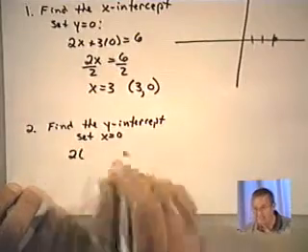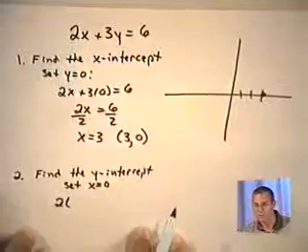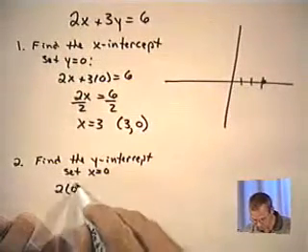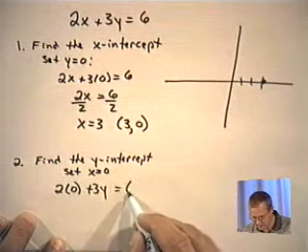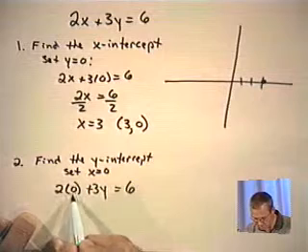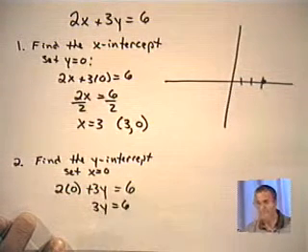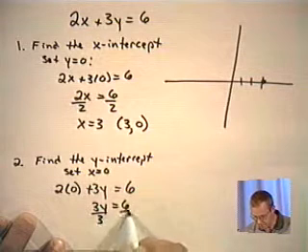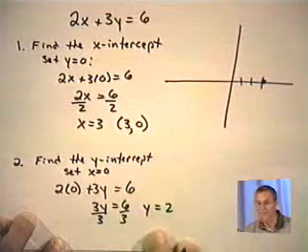So wherever I see an x in my equation, I'll plug in a 0. So 2 times 0 plus 3y equals 6. And we'll solve for y. 2 times 0 is 0. So I get 3y equals 6. Divide by 3. y is equal to 2.